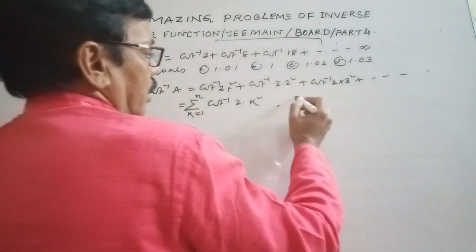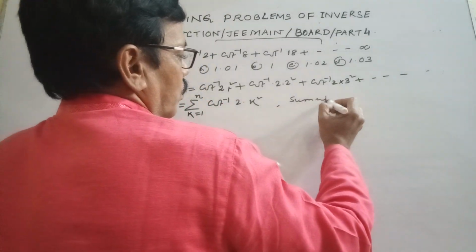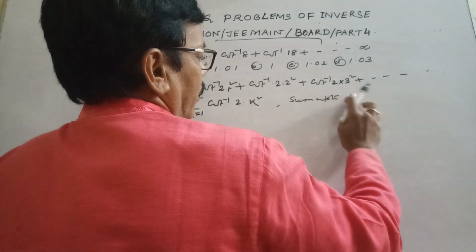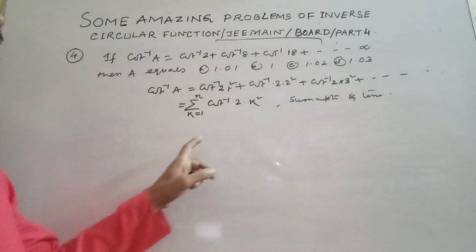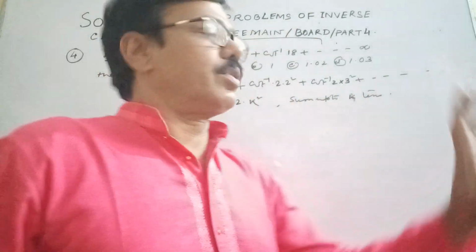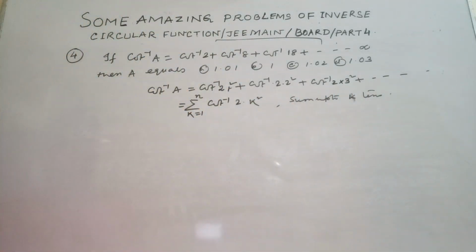That is the sum up to k terms. Here there are an infinite number of terms, so we are taking k terms.